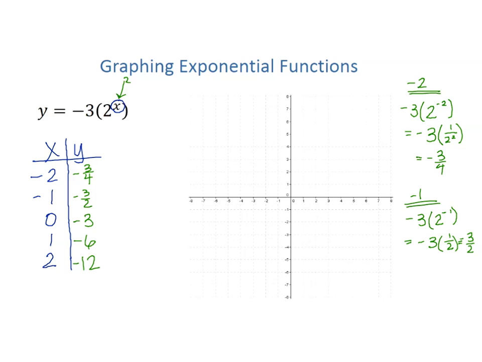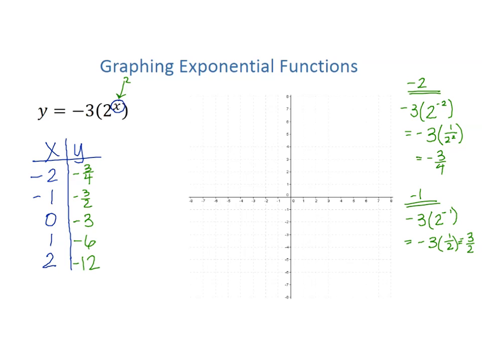Okay, so let's graph. My first point, -2, -3/4 would be about here. Then -1, -3/2, which is 1.5, would be here. Oh wait, sorry, I'm going up. Let me redo those. I did positive y values instead of negative.